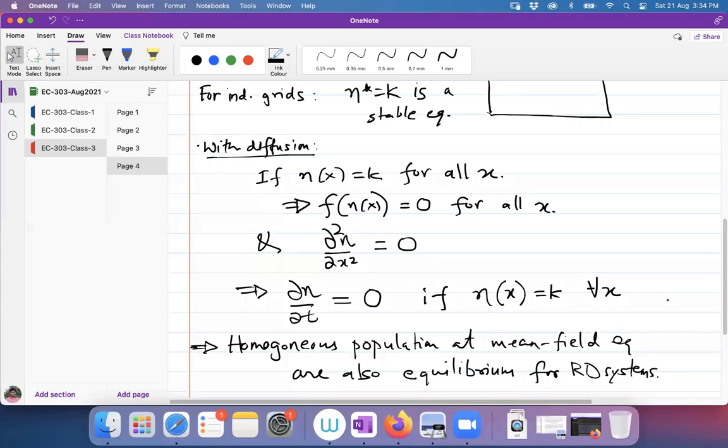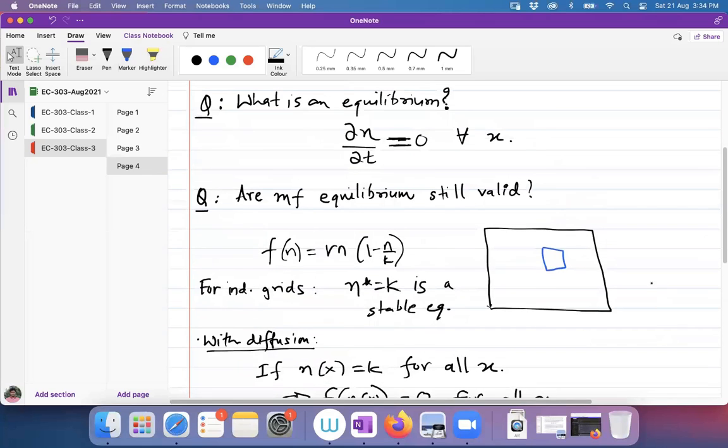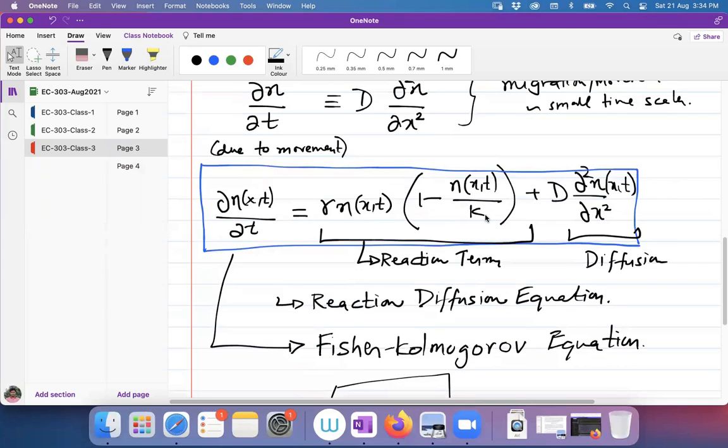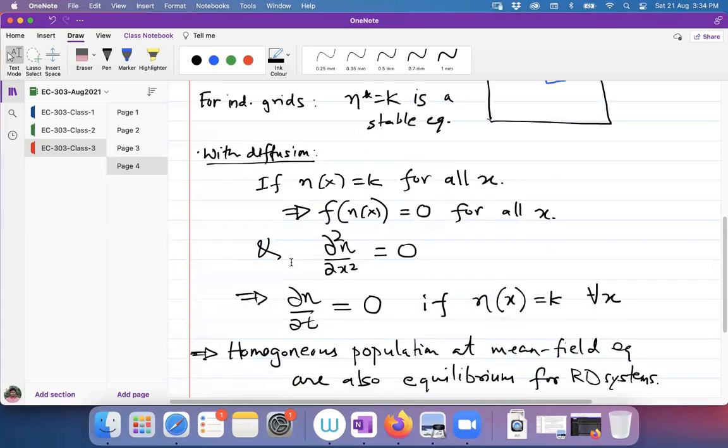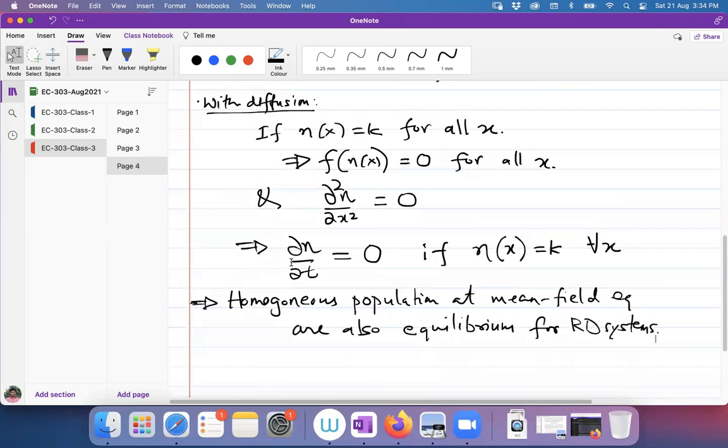When you wrote down this equation, I did not say k depends on x. If k is not constant, it means the environmental parameters are varying over space. That just becomes a much more difficult problem to deal with, a spatially heterogeneous system. But it's an important problem to look at from an ecological perspective. But do you all agree that for this case, homogeneous equilibria are also equilibria?